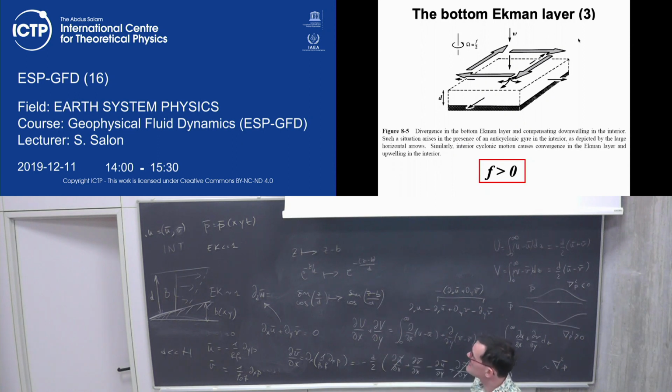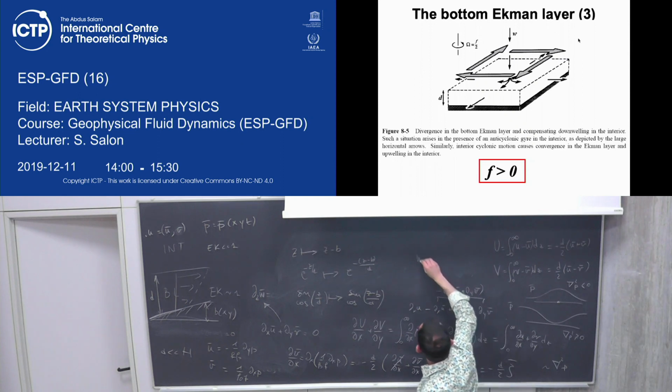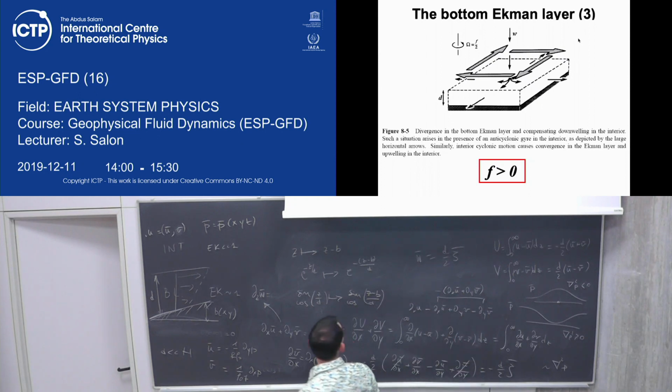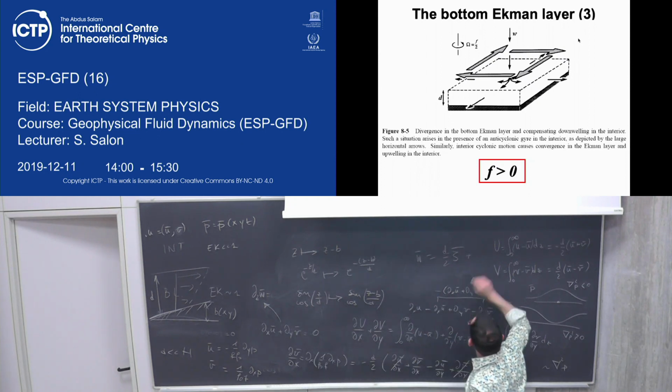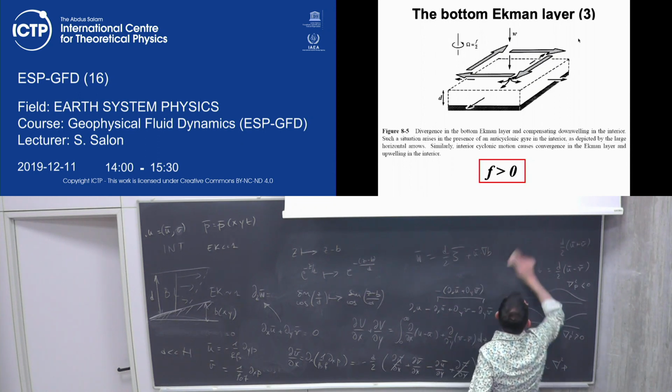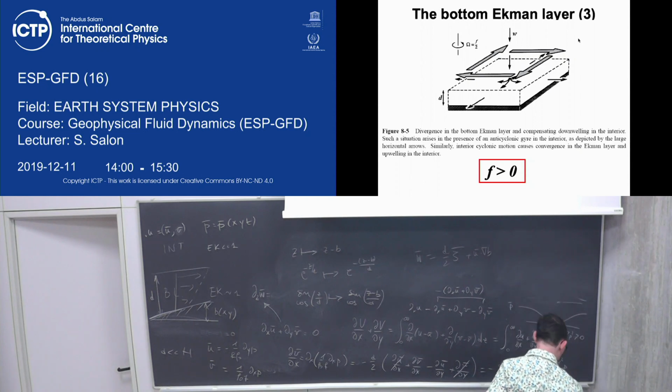So the Ekman pumping in this case, we will obtain still the same W equal to d half multiplied by vorticity, plus a term here, which is the same term that we found, the scalar product between the velocity and the gradient of the topography, okay?